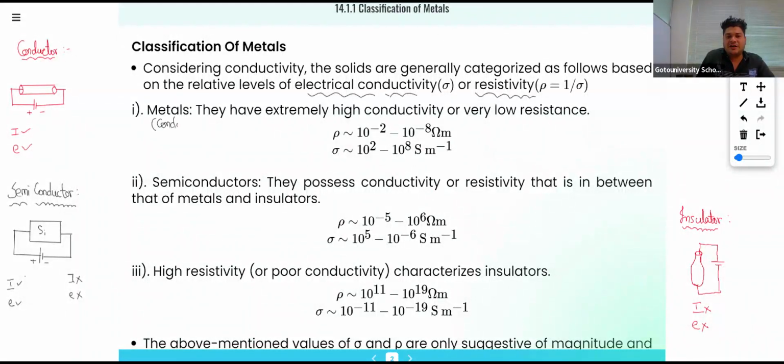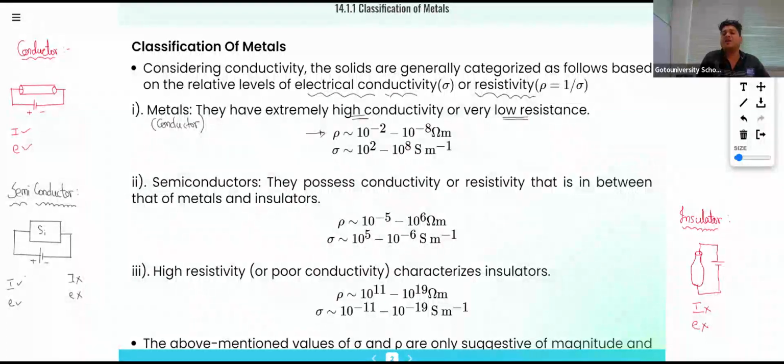In the case of a conductor, they have extremely high conductivity. If they have extremely high conductivity, that means their resistance will be low. What will be the resistivity?